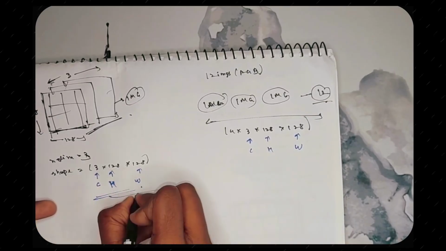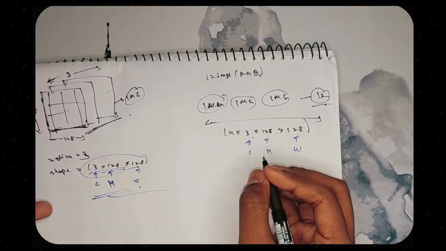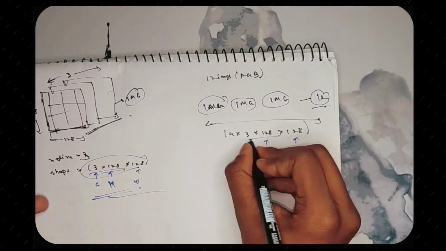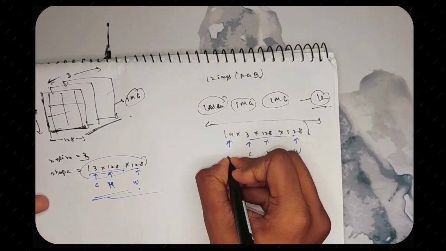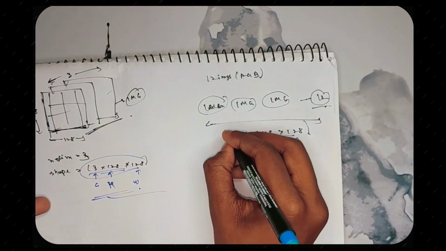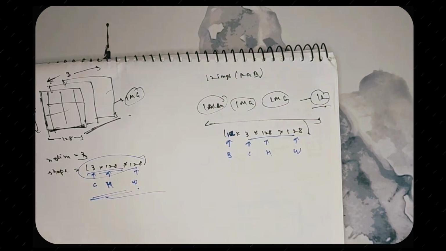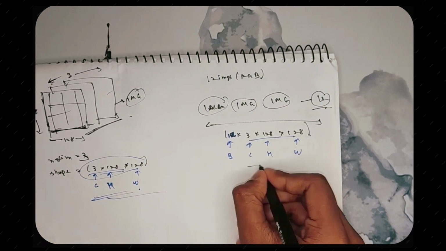So if we had just one image, it would be represented like this, and if we had a batch of images, it would be represented like this. But at the start we have this batch dimension, so it represents 12, so it will be 12 over here, right? So that is the whole concept of shape.